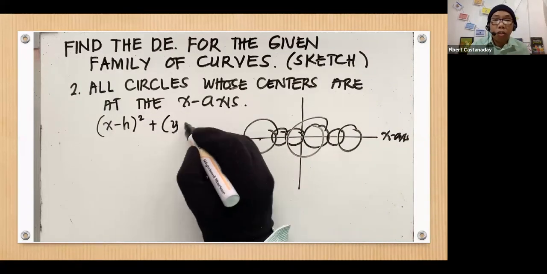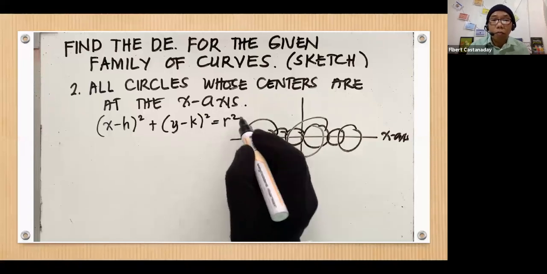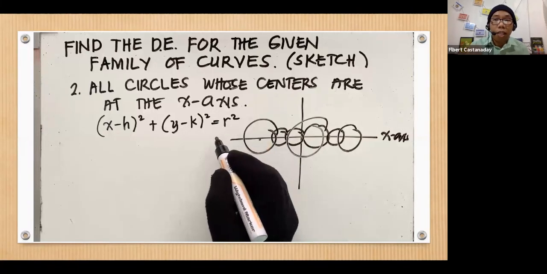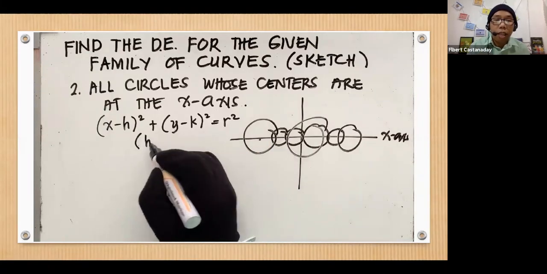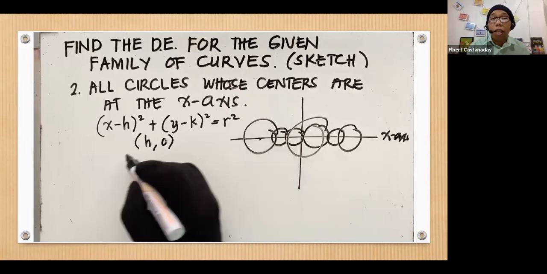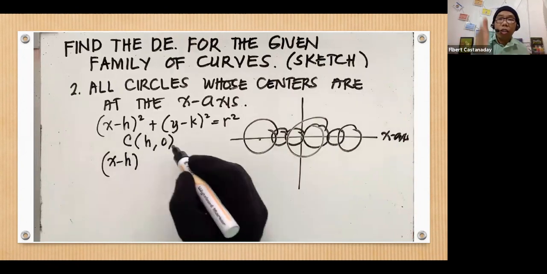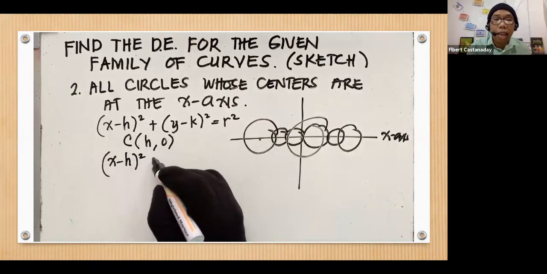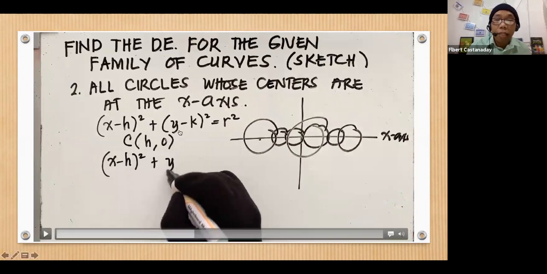So recall the equation of the circle with center at (h, k). Okay, ibig sabihin hindi nasa origin yung center. But looking at this, given centers are at the x-axis, ibig sabihin may constant dyan. Varying lang yung position ni x, ni h, kumbaga. Okay, so here, k is 0.